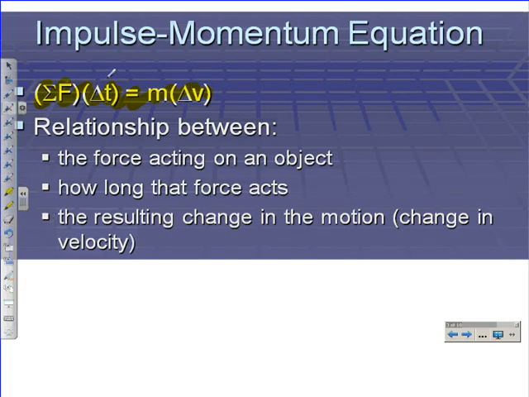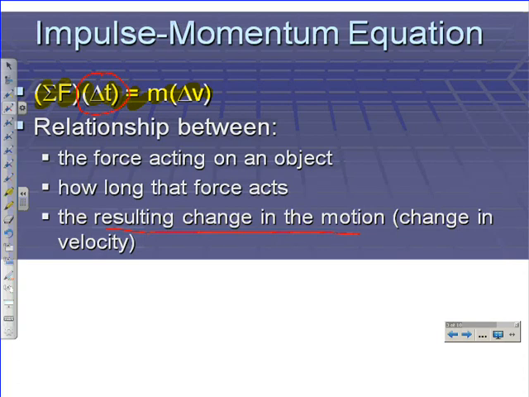We now include that time factor and see how it affects the resulting change in motion, or the change in velocity. In the last chapter, we just talked about a big force causing a big acceleration, and that's true: during the time over which that force acts, the velocity changes at a fast rate.